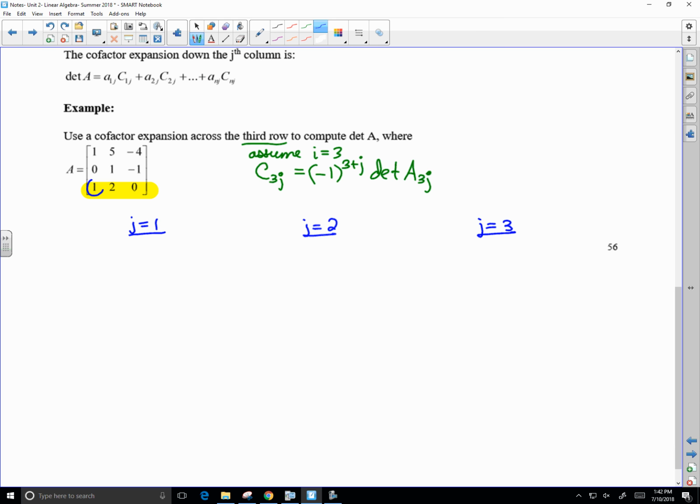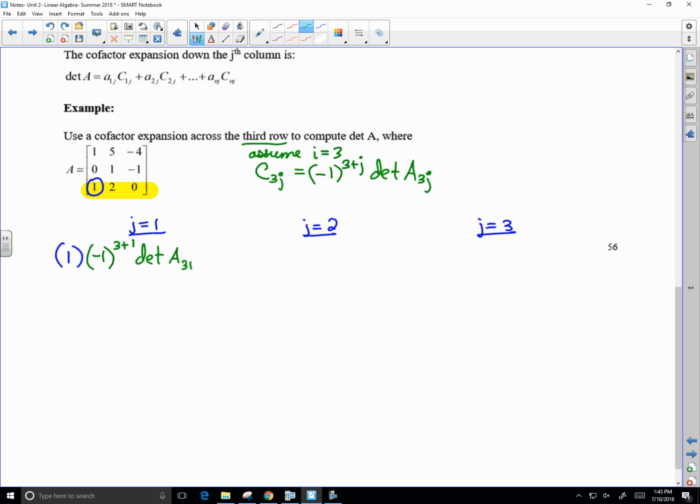So if it's 1, well, we're in row 3, column 1, so my entry here would be 1, multiplied by -1 to the 3 plus j, which is equal to 1, times the determinant of a sub 3,1.